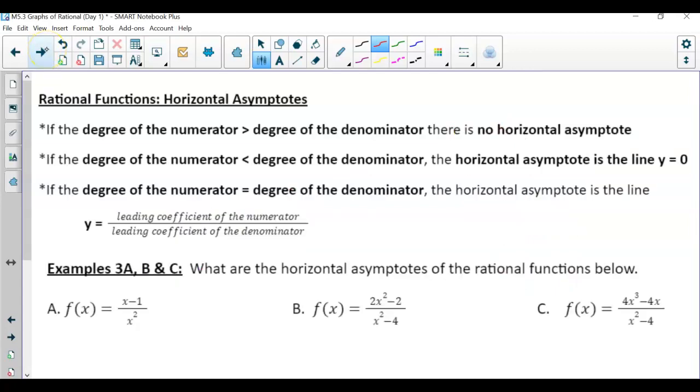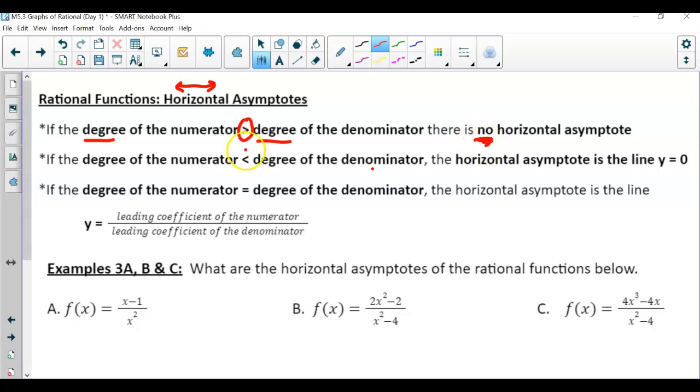So before we finish up here and practice everything, remember that first graph, there was a horizontal asymptote. Remember, horizontal is your left and right. Now this is a little different. We're going to focus on the degree of both the numerator and denominator. If the numerator has a greater degree, then there's no horizontal asymptote.